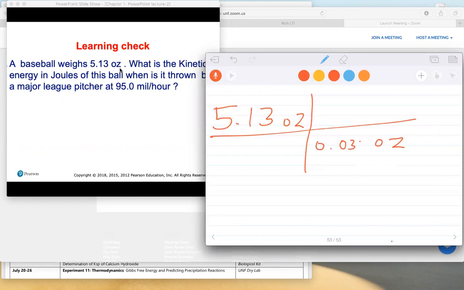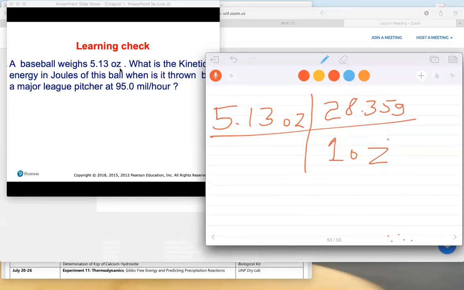So 1 ounce equals 28.35 grams. If I cancel this and that, I'll remain with grams.